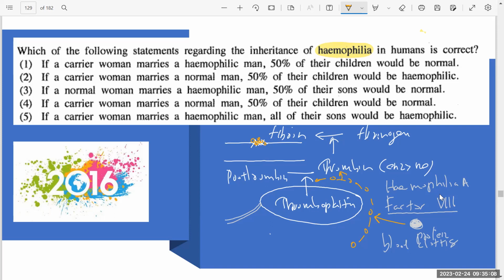Second thing, we should also know there is non-Mendelian genetics. Under that, we listed certain conditions. There is one condition called X-linked genetics.